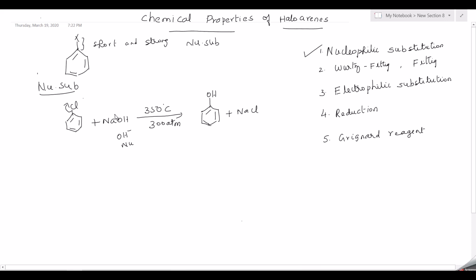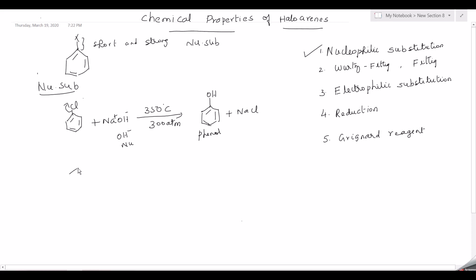Here because you have Na plus and OH minus, this OH minus acts as a nucleophile. It gets substituted in the place of chlorine, so you are getting this product, and this is what we call phenol. So you are getting phenol from chlorobenzene and sodium chloride when you use a very high temperature and very high pressure. This is an example for nucleophilic substitution reaction, and this reaction is also called as Dow's process.